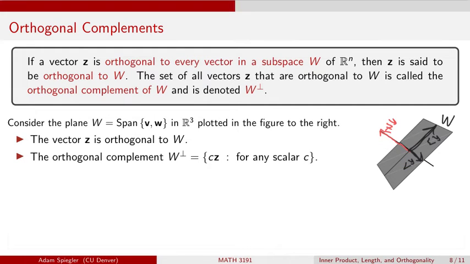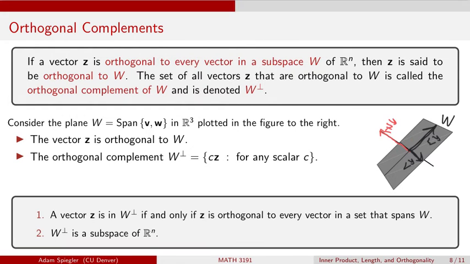So therefore, we can write the orthogonal complement of W as c times vector z. In other words, any scalar multiple of this vector z is going to be orthogonal to the entire plane of vectors in W.